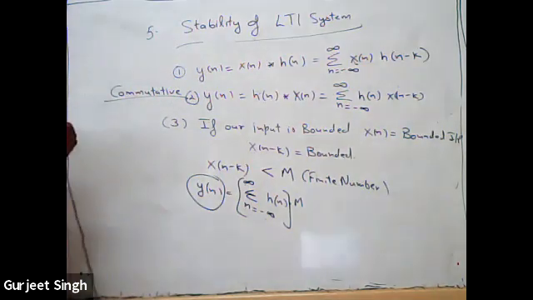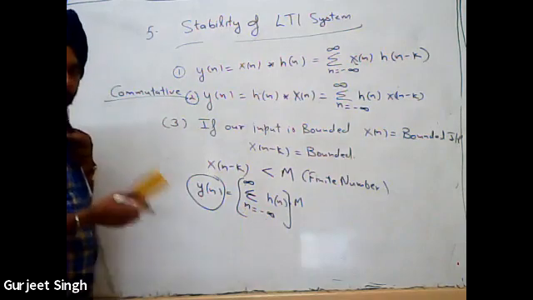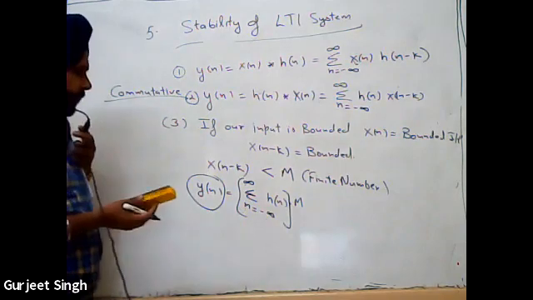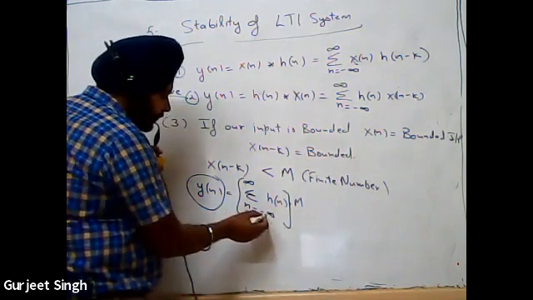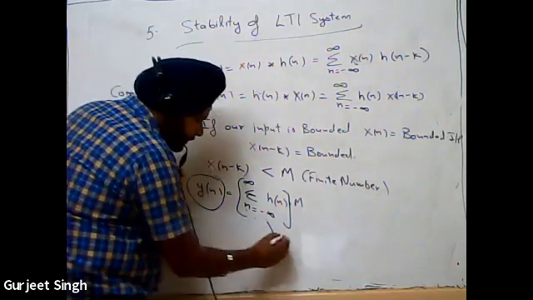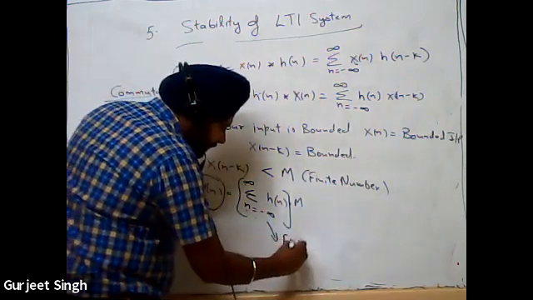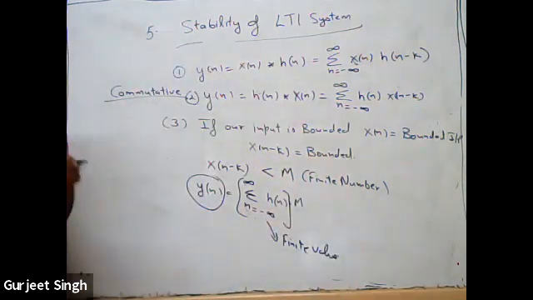The output must be a finite value. If this summation from minus infinity to infinity of h[n] is a finite value, then my LTI system will be stable.